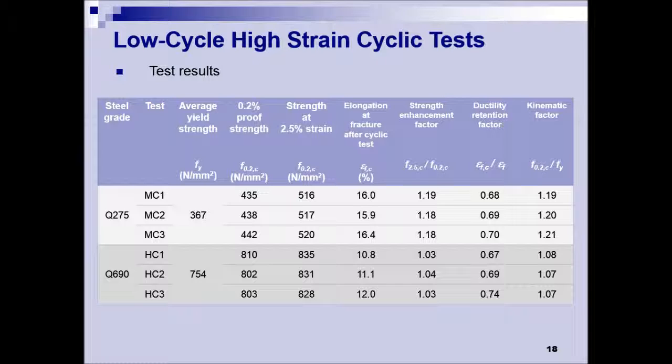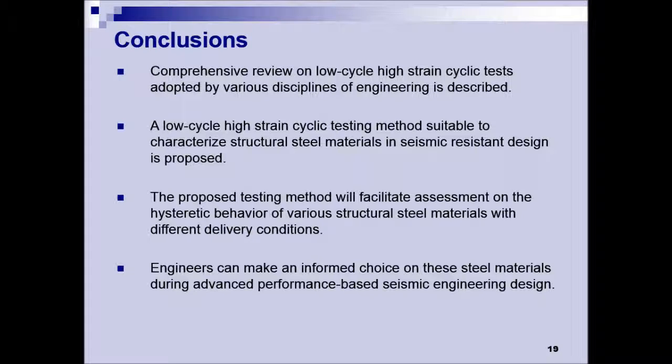It is also found that the hysteretic behavior of both Q275 and Q690 steel materials is considered to have favorable strength enhancement after cyclic tests at a strain demand of 2.5%, since all strength enhancement factors are found to be larger than 1.0.